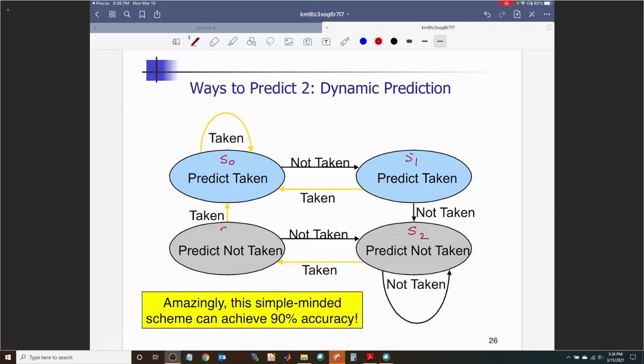In order for you to go from S0 to S2, you need two not takens to actually happen, two incorrect predictions to happen. Then you can change your scheme. If you are in S2, to go back to S0, you need two incorrect decisions of the branch being taken. And if you follow this, amazingly, you are able to achieve 90% accuracy with this scheme.